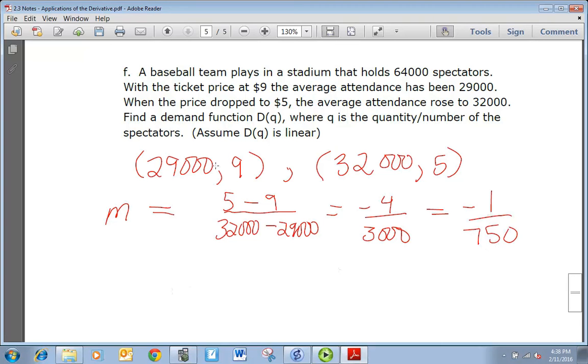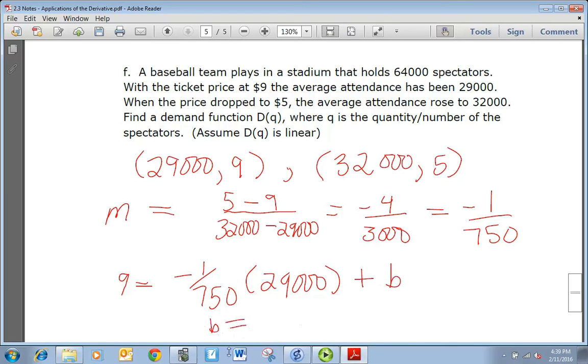To get B, we take either one of these points. I'll take the first one, and it's going to be 9 is equal to -1 over 750 times 29,000 plus B. And if we solve that correctly, we get that B is 143 over 3.